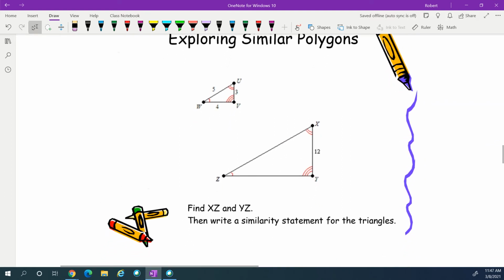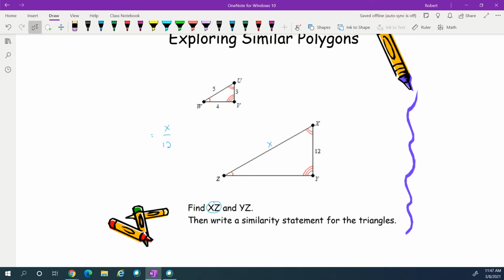So working out another example, we're asked to find xz and yz. We'll do one at a time. So xz, let's give that a variable. From the second triangle, the bigger triangle, I have x, and the only other thing I know is a 12. So I have to use the x and the 12.